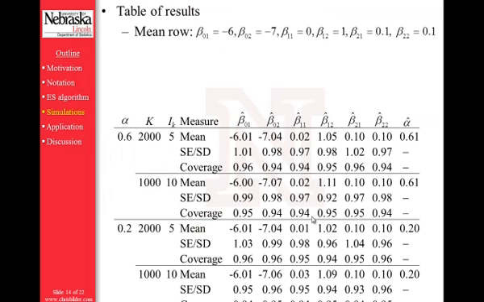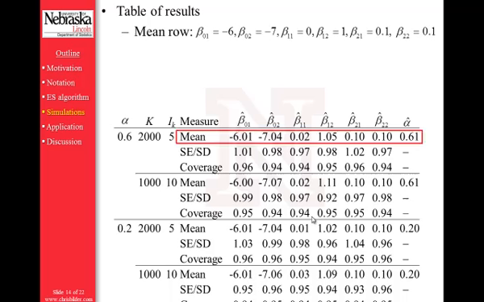Okay, so here's a table showing some of our simulation results. In the first column, we have values of our correlation. Second column, values of the number of groups we have. And the third column corresponds to the group size. So overall, we have 10,000 individuals, always fixed. We have such a large number there because that's what we often see in the group testing applications that we work with.